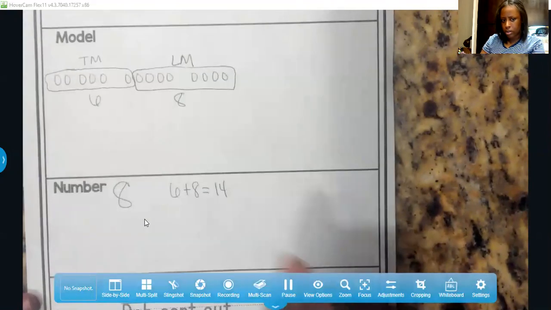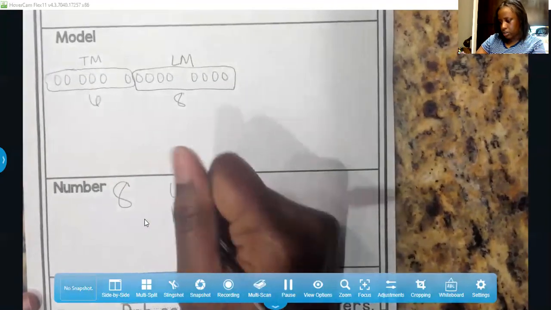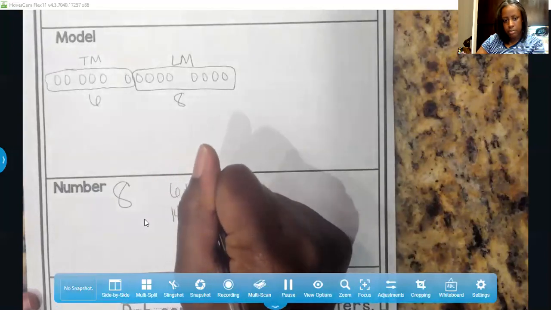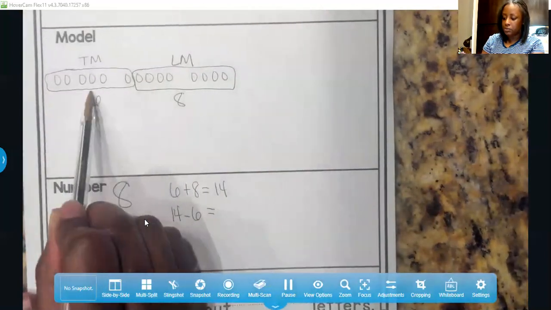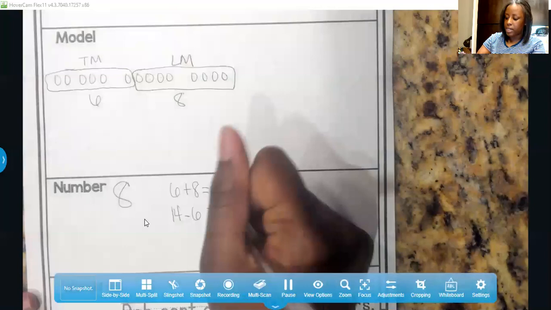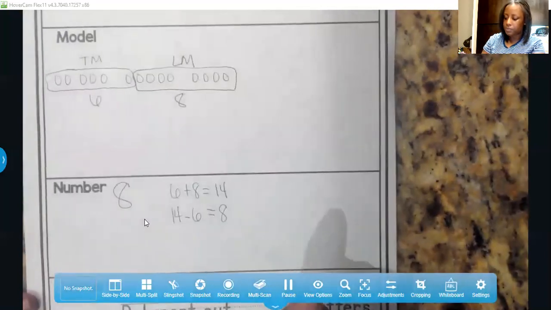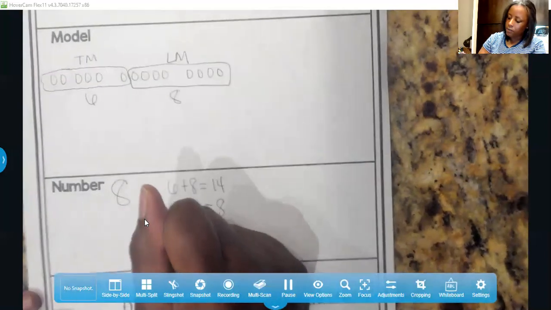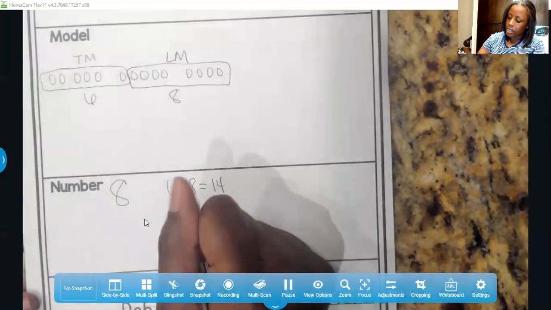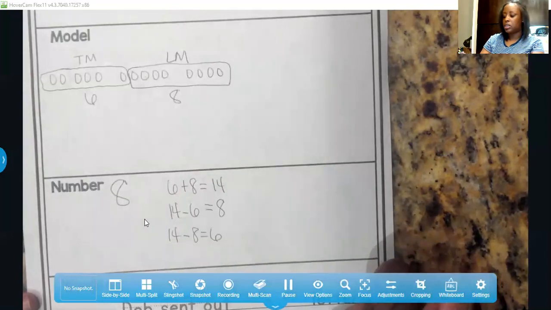Someone may have written that. Another number sentence that you could have used was 14 minus 6, because we know she wrote 14 letters, and then she mailed 6 of them this month, and then 14 minus 6 gives us 8. Or you could have written 14 minus 8 equals 6.